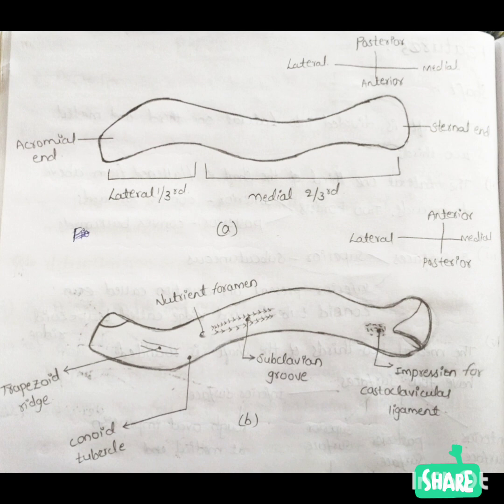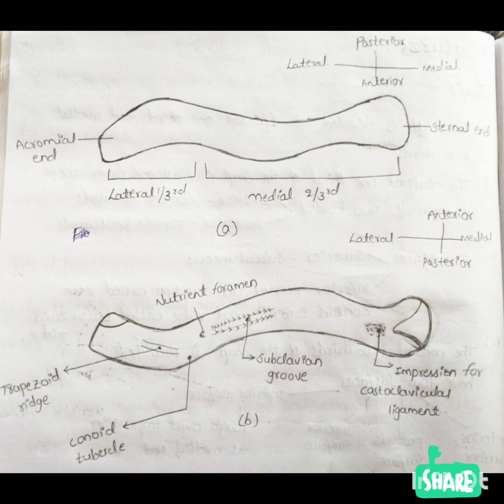Now these two surfaces, superior surface and inferior surface. The superior surface is subcutaneous as we know, and the inferior surface presents an elevation called the conoid tubercle and a ridge called the trapezoid ridge. These conoid tubercle and trapezoid ridge are present on the inferior surface of the shaft.